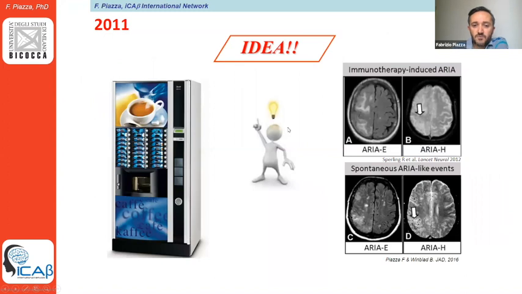And this is when we had the idea to investigate if the key player of this CAA-ri disease was mediated by the production of spontaneous anti-A-beta autoantibodies, because the first report on ARIA-E was coming at the time, in 2011.